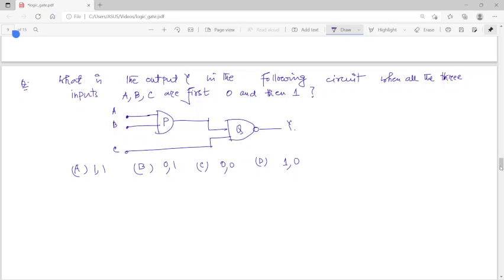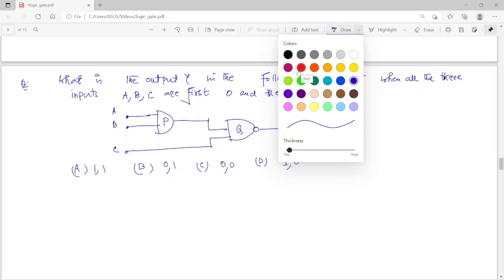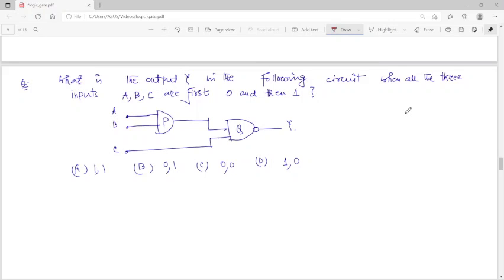In that case, first identify that this is an AND gate and this is a NAND gate. You know the NAND gate output is AB bar, and the AND gate output is AB.